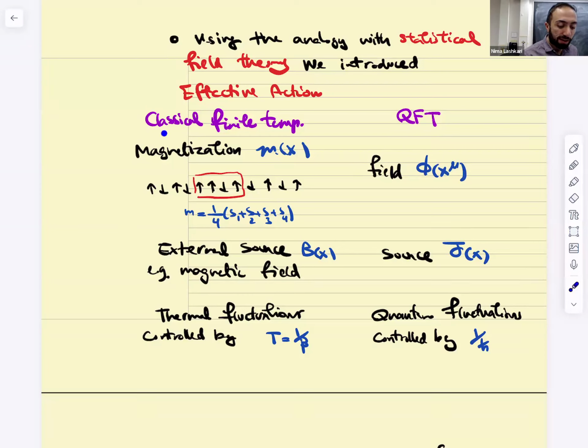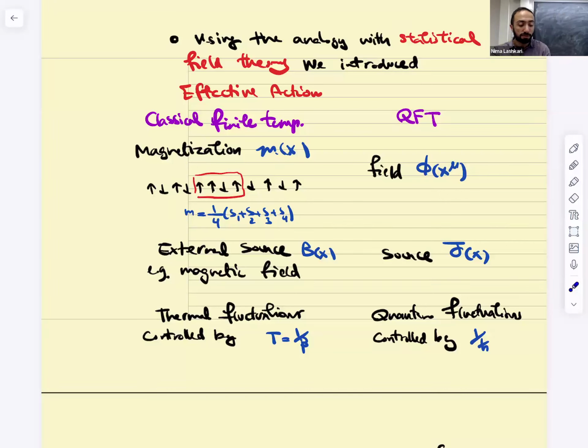So for example, classical finite temperature fields, you can find them by doing some sort of coarse graining to the Ising model, right? Coarse graining is when you take a bunch of spins and you replace them with a magnetization, the average of the value of the spin within that block, replace it with one block, right? And of course, in the limit of blocking further and further, this becomes a continuous parameter.